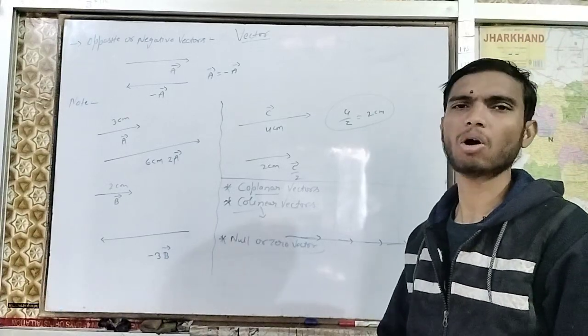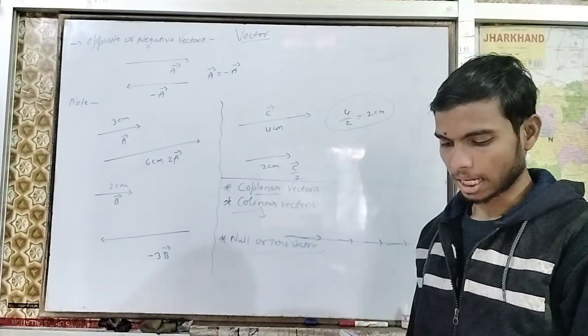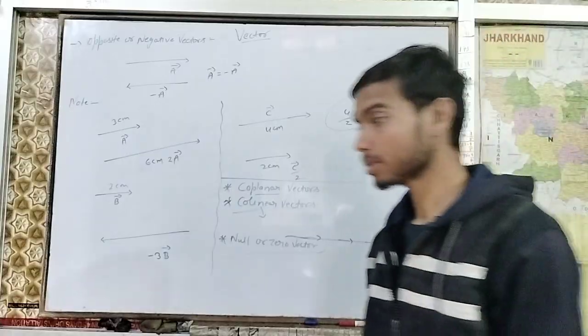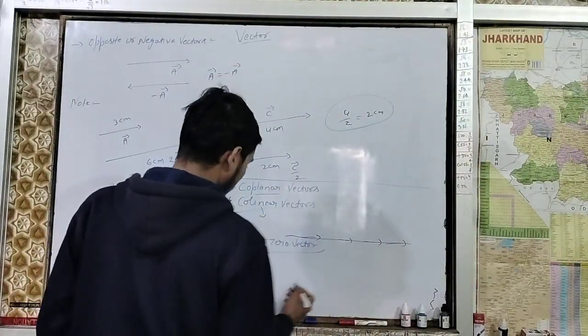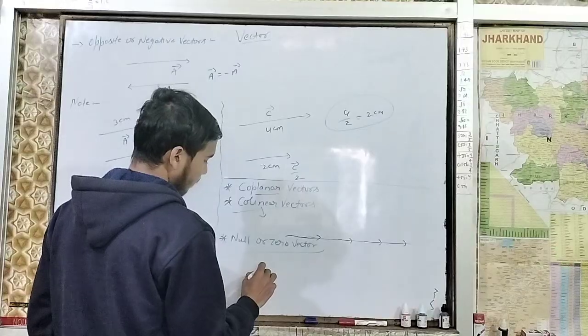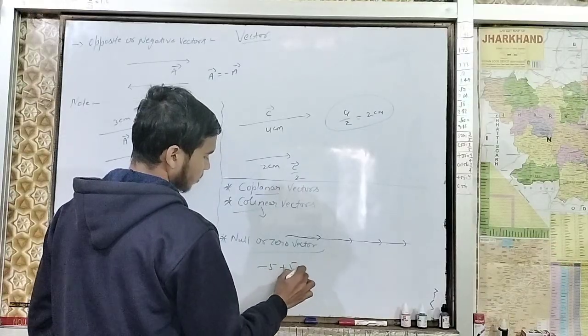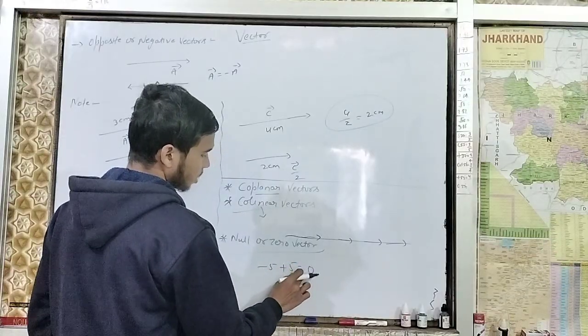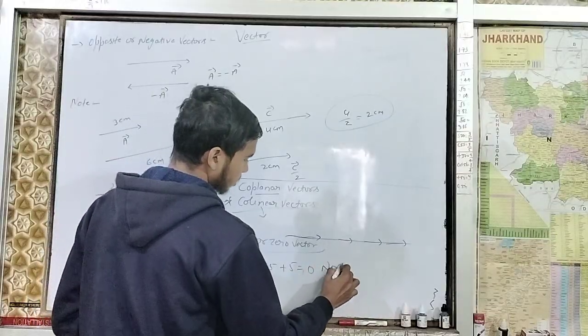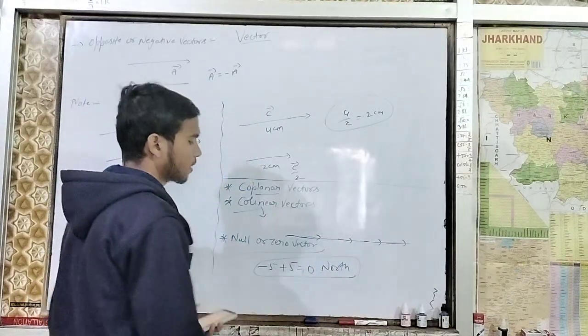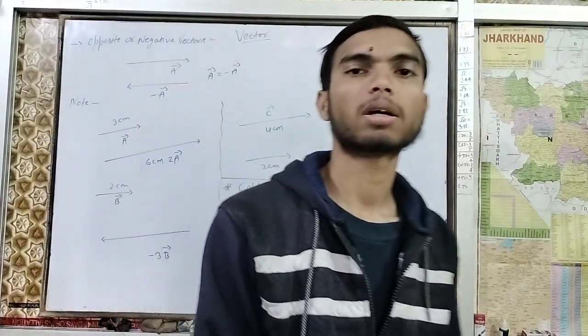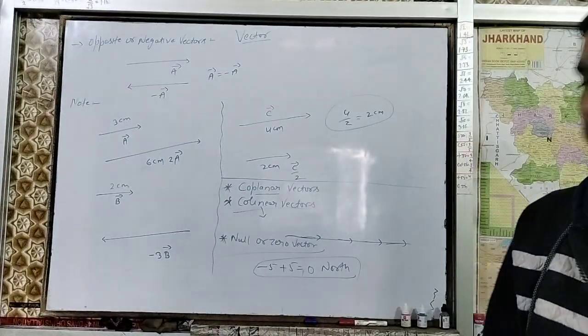So how will you get a direction? For example, the sum of two vectors is always a vector. For example, minus 5 plus 5 will give you 0. Direction, that is a north direction. This is our null vector.